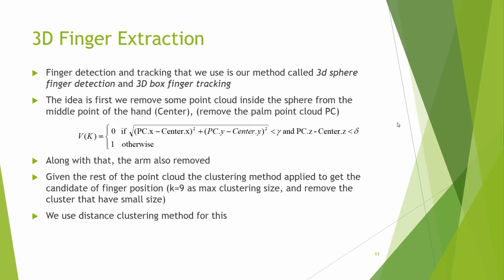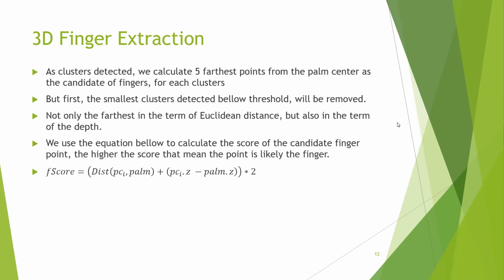We use a cluster size of 9 and remove the clusters that have a smaller size. We use distance clustering as the clustering method. As the clusters are detected, we calculate the 5 farthest points from the palm center as candidates for fingers in each cluster.